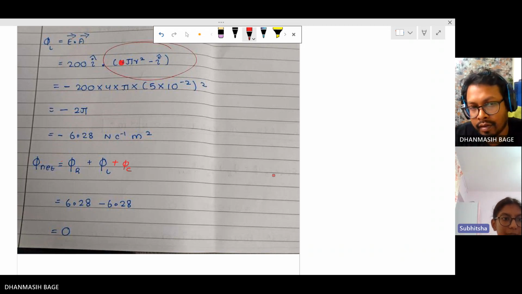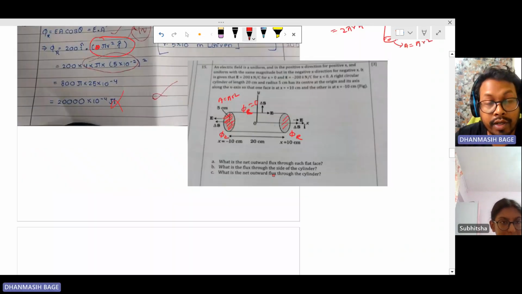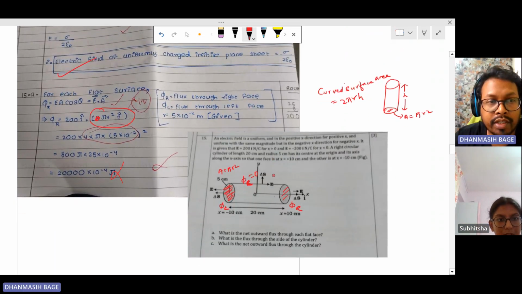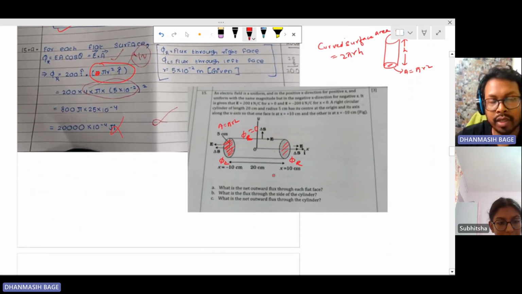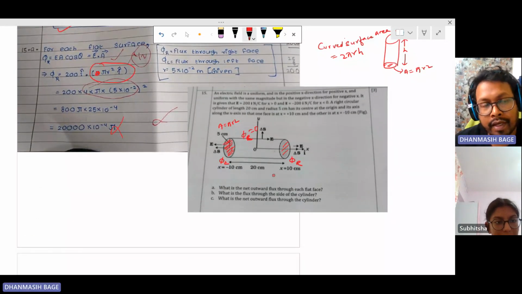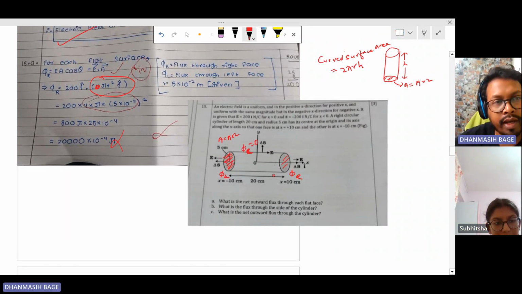For the 5 left, I got a negative answer, but the answer given was positive in the answer key. It will be positive. Just see this thing. Why will it be positive? Only pi r square, only 4 should not be the case here.